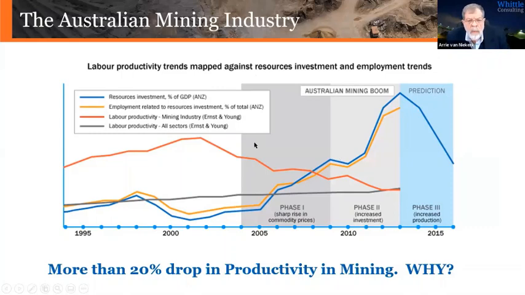The worrying part is the red curve showed for quite some time the labor productivity in mining went up. But then around 2000, 2003, I'll show you another graph that has a slightly different time frame, the mining productivity all over the world, in Australia, started dropping.